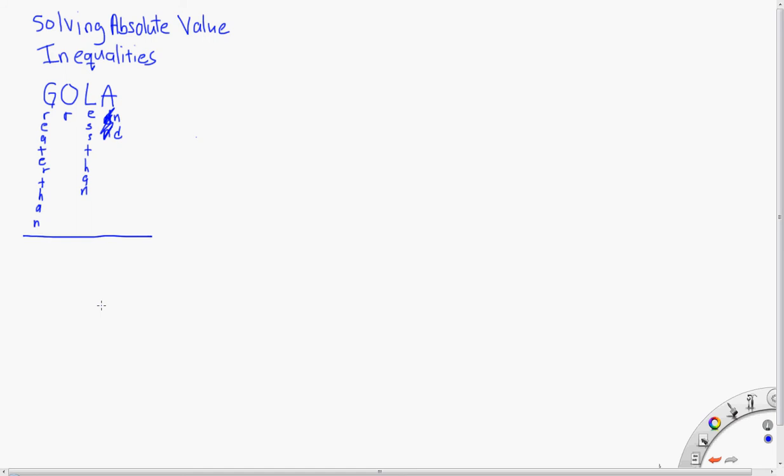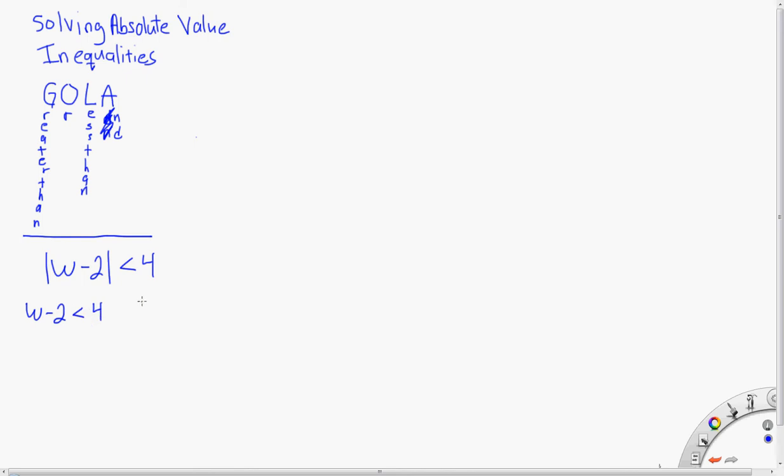Again, the textbook that we're using right now doesn't use this method, but I think it works out pretty well. It's a lot easier. So if I have the absolute value of W minus 2 less than 4, the way to solve this is just as we did with the equals: we rewrite it exactly how it is, 4.